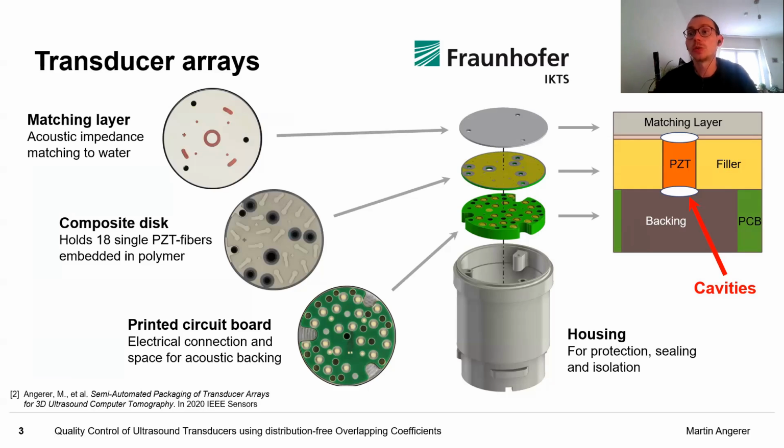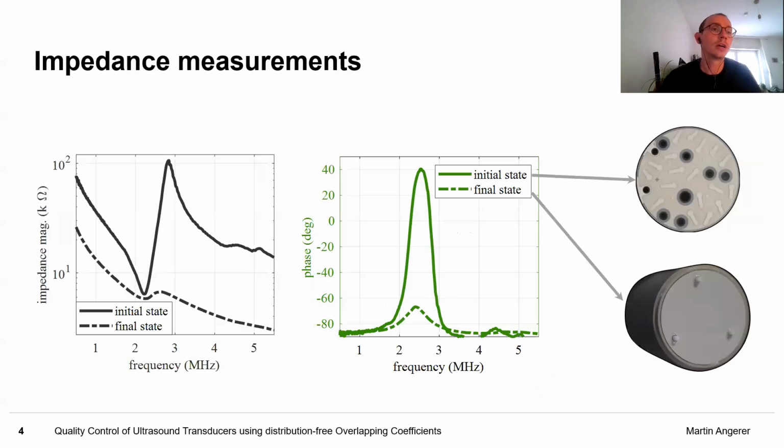The method of choice to detect those cavities or fabrication defects would be ultrasound measurements, but they are relatively complex to perform and time-consuming, and they can only be done with finalized transducer arrays. Another measurement modality which allows the estimation of the vibration conditions of these transducers is electromechanical impedance measurement.